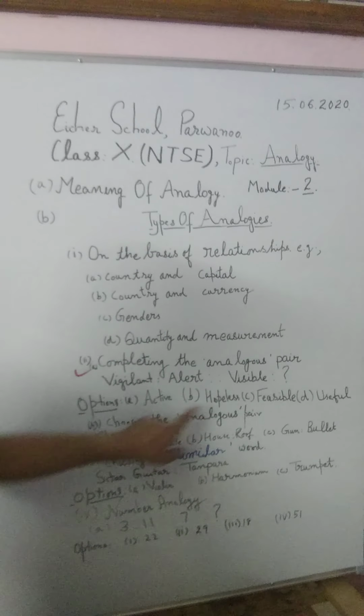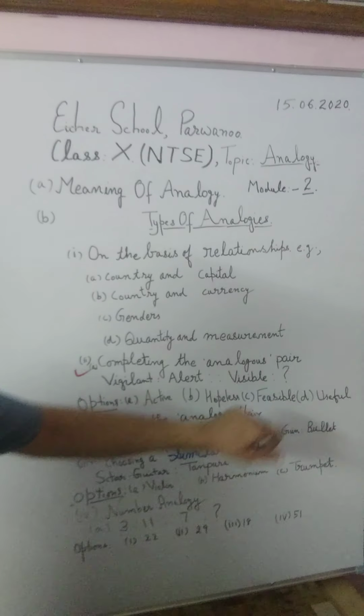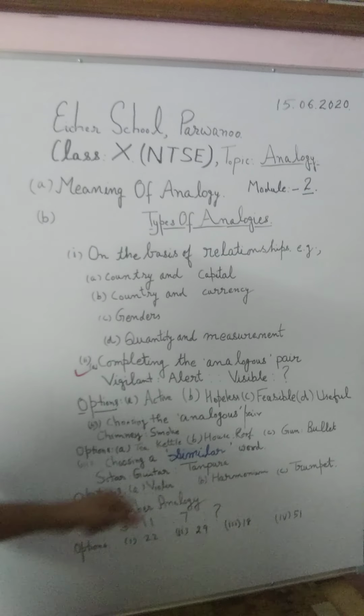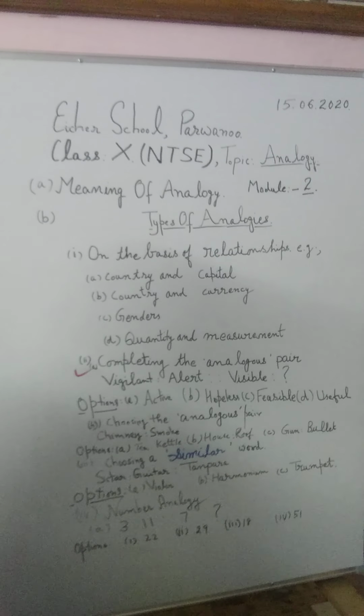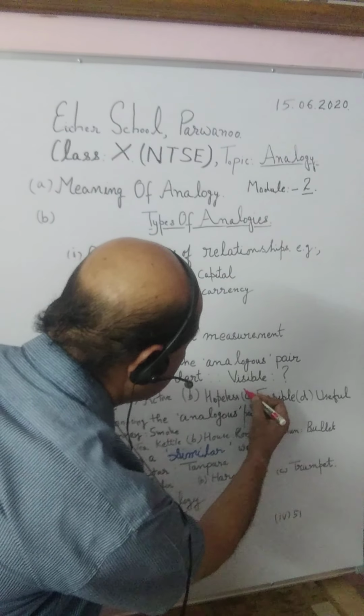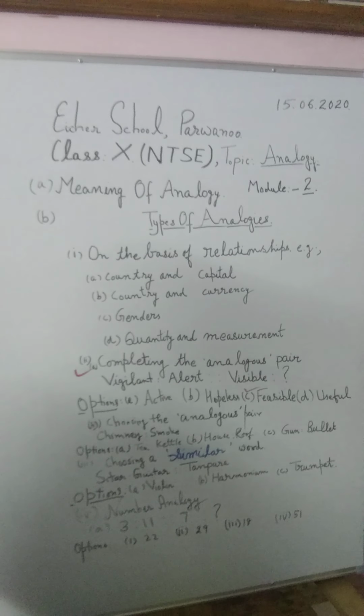Active, hopeless, visible, useful. Here active is not possible, hopeless is not possible, useful is not possible, visible means which can be easily seen. So C will be the correct one. So visible is the correct option.